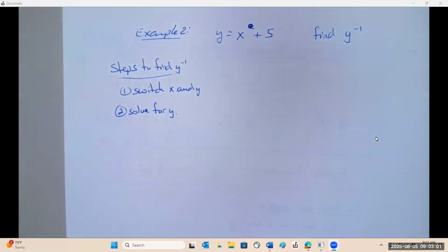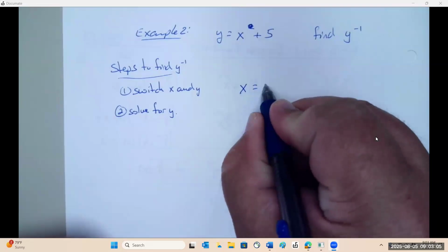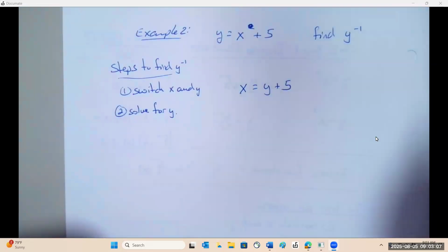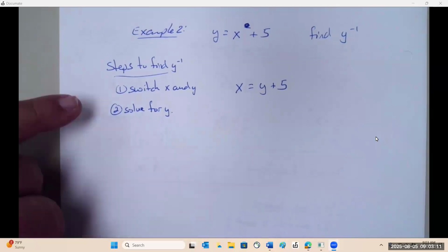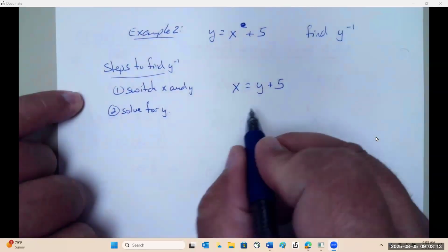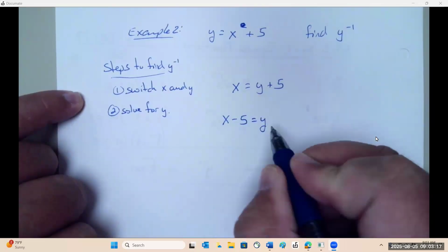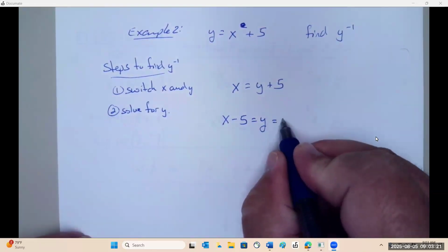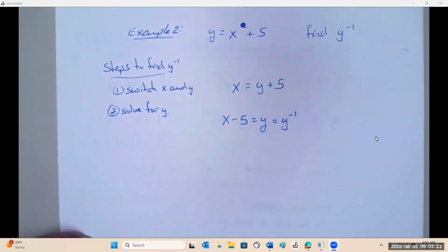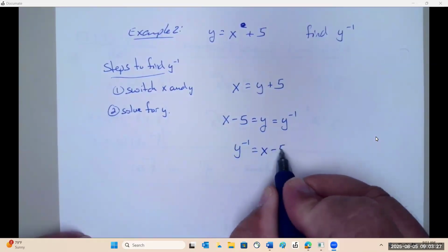So your first step is switch x and y. So we have x is equal to y plus 5. That's our first step. Now we solve for y. So we have x minus 5 is equal to y, which is equal to our inverse. So our inverse is x minus 5.